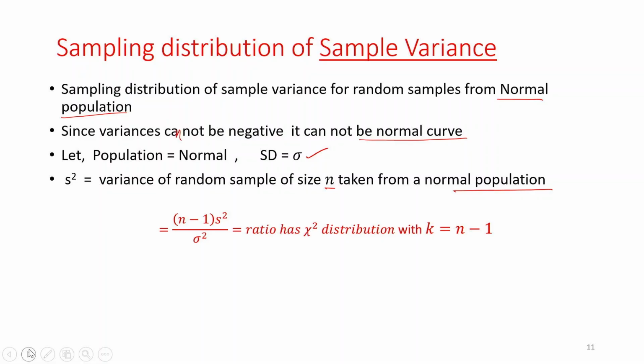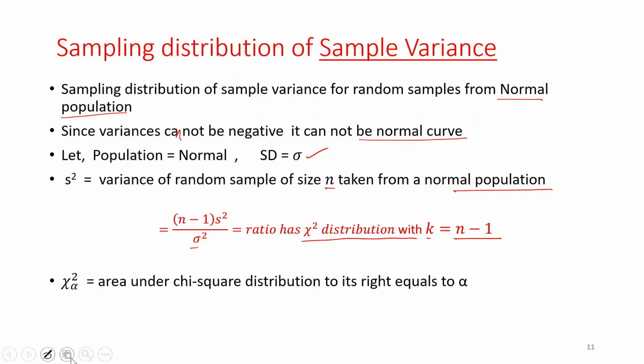If it is so, we can say that this particular ratio, (n-1)s squared by sigma squared, has a chi-square distribution with k degrees of freedom, where k is n-1. This can be stated. (n-1) into s squared by sigma squared is going to follow the chi-square distribution. And chi-square alpha is the area under the chi-square distribution to its right equal to alpha.